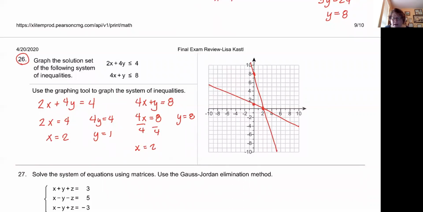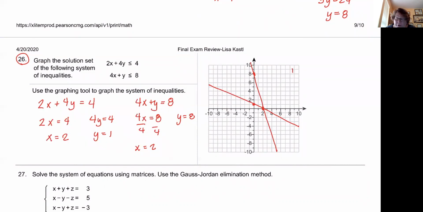Okay, so now I need to figure out where to shade, because the solution set to a system of linear inequalities is a plane of numbers, so it's an infinite number of ordered pairs. So what we've been doing is we've been testing the origin in both of our inequalities to determine if it makes the inequality true. If it does, you shade the region that contains that value.